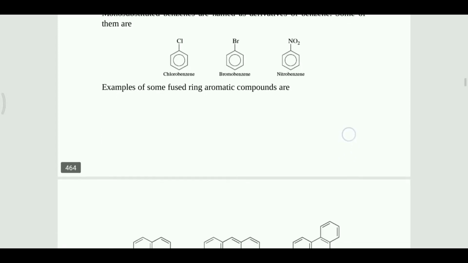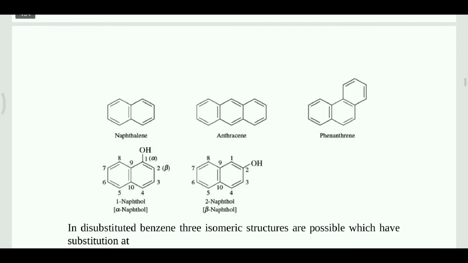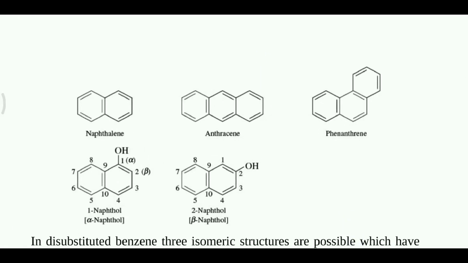There are also some fused ring systems. Fused means they have not only one benzene ring, but a number of benzene rings fused with each other. In naphthalene you can see that there are two rings. Another example is anthracene, containing three benzene rings fused with each other, all in the same configuration.